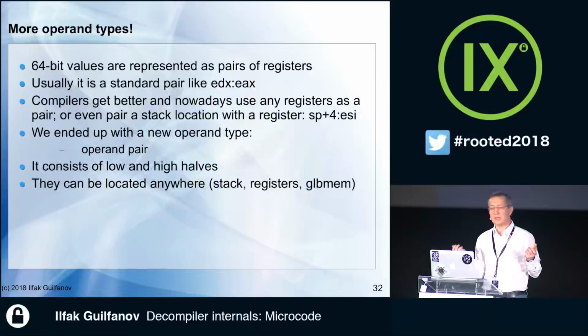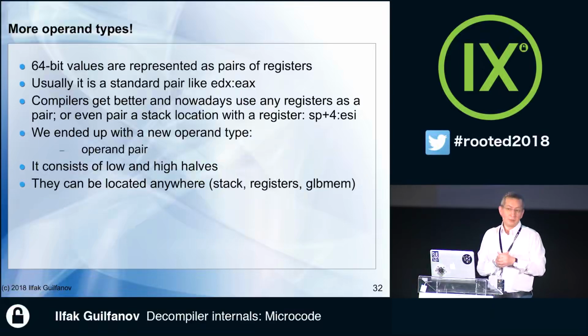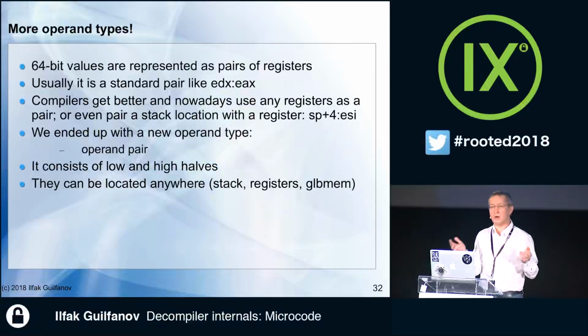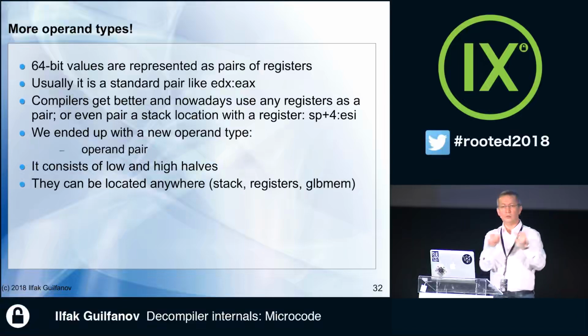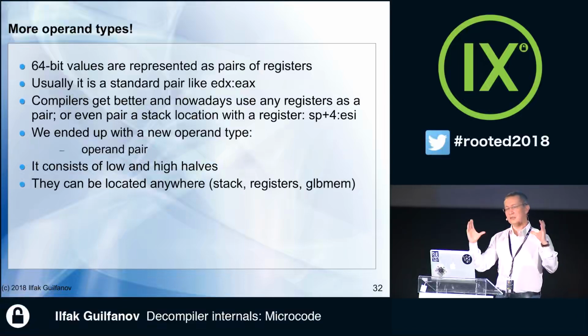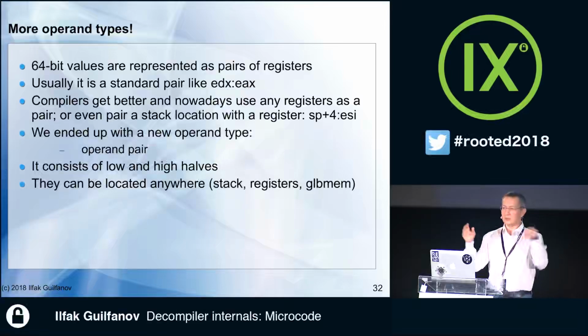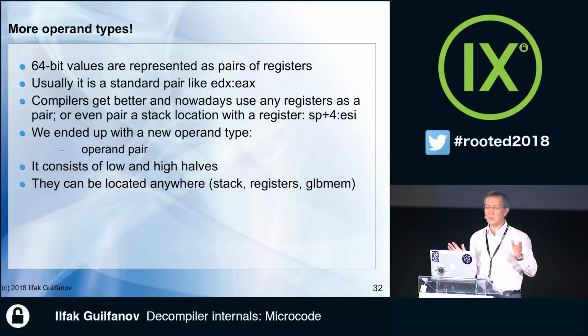It's a standard pair like EDX:EAX. Initially we just said, okay, it's a pair of registers. What about mapping them to microregisters in a way so they are adjacent to each other, so they get lumped together into one big microregister? It worked well for the cases when we used EDX and EAX.